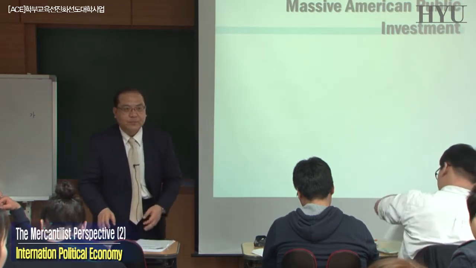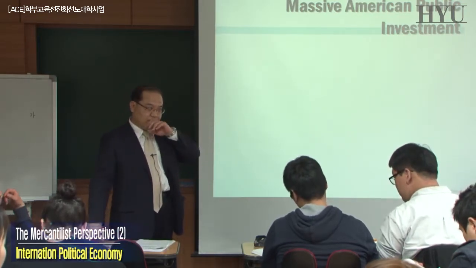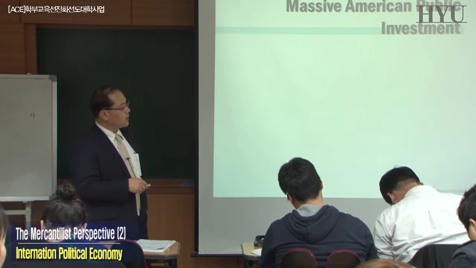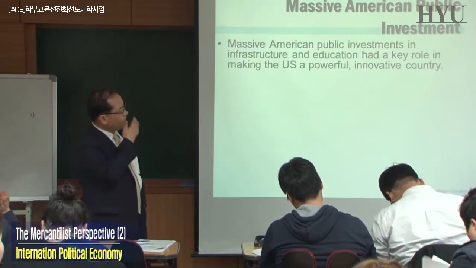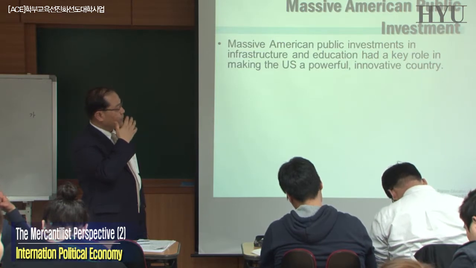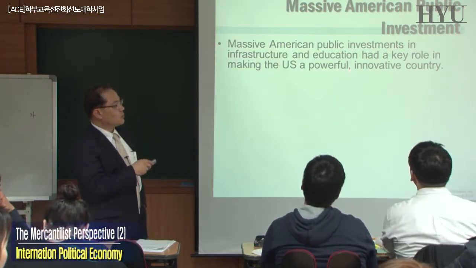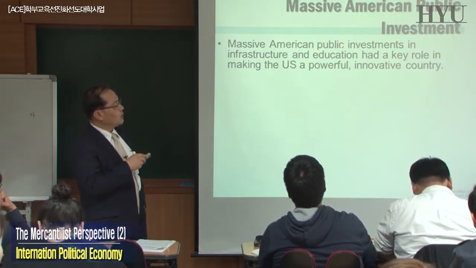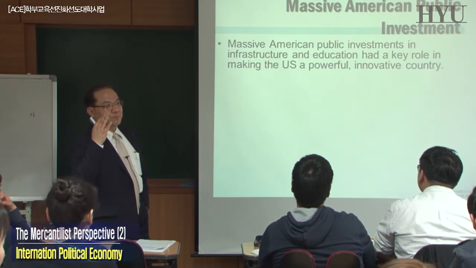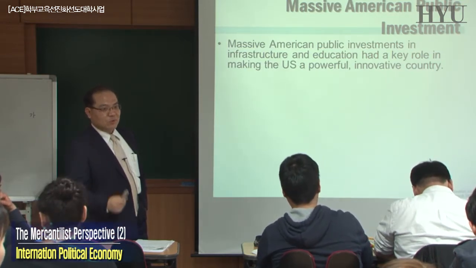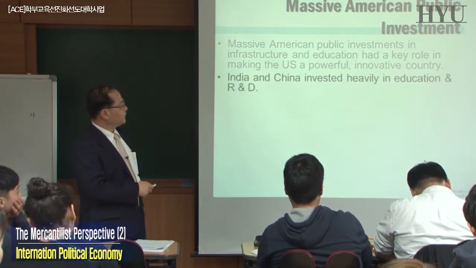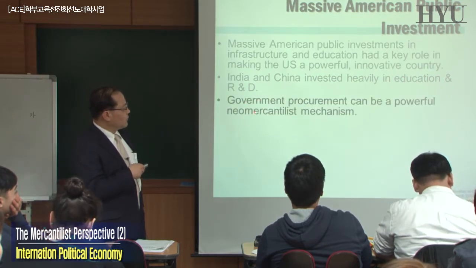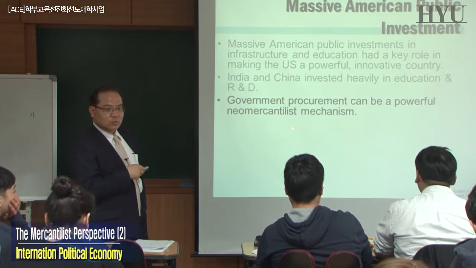Citing some scholars, this textbook, which is a good inclusion, says one of the reasons why America became a strong, powerful economy is that America used infrastructure and public investment policy well, particularly procurement policy. What I mean by this, India, China, also education and R&D. Government procurement is a very powerful neo-mercantilist tool.